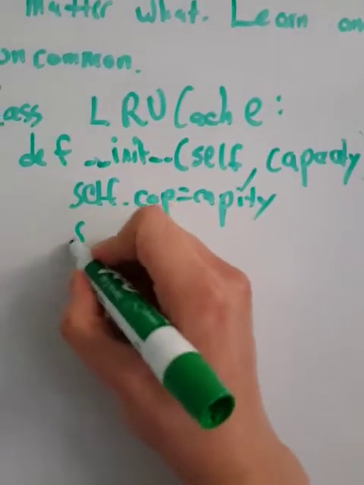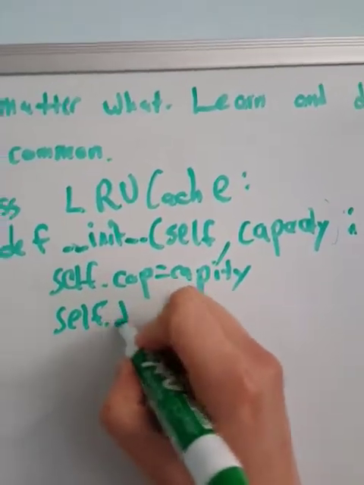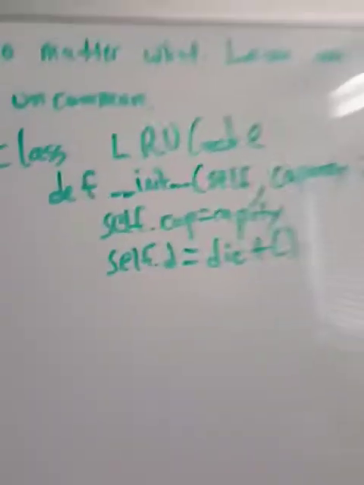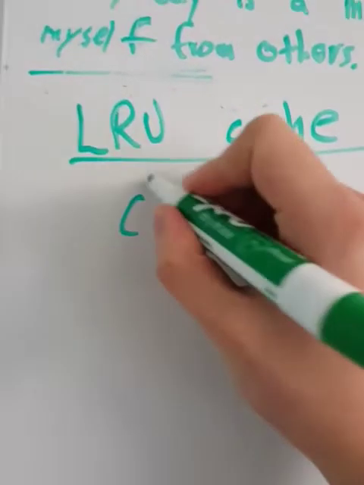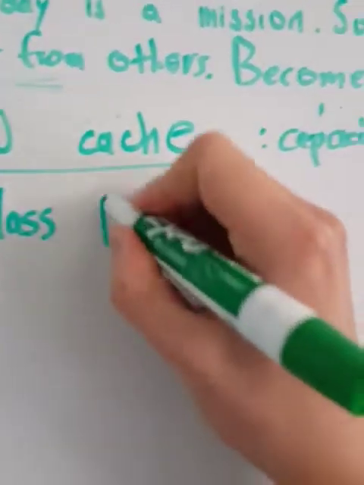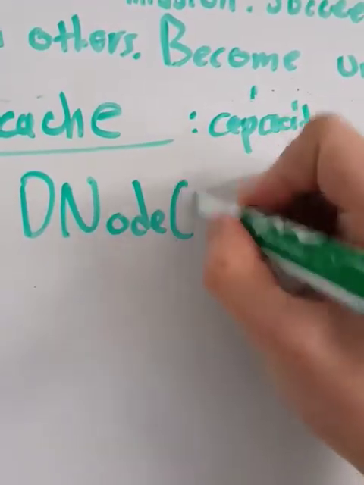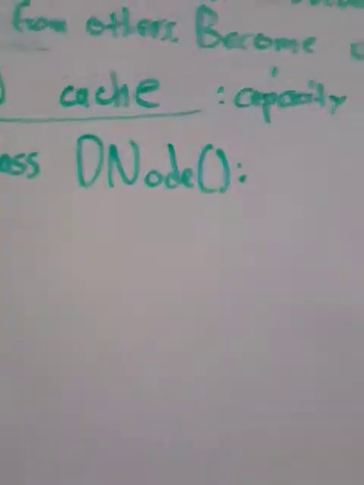So let's say self.d is going to be equal to our dictionary. And we're going to define our node class here. It's a class DNode, D for doubly. I'm writing it too big, I need some space.